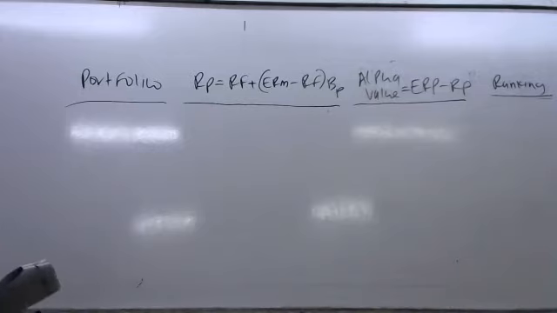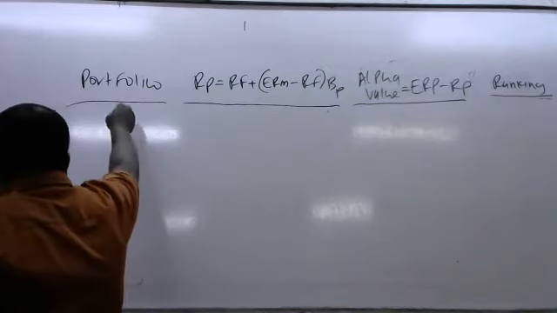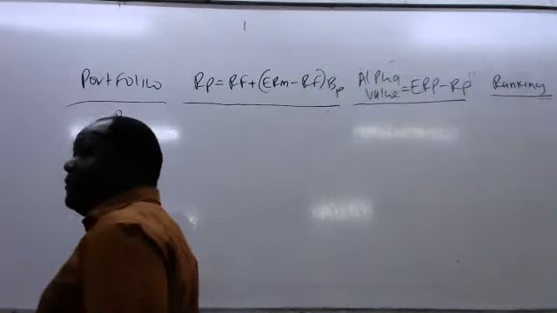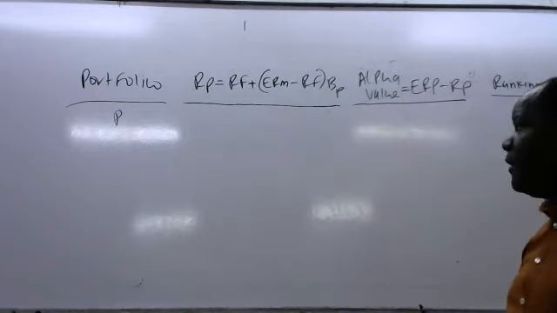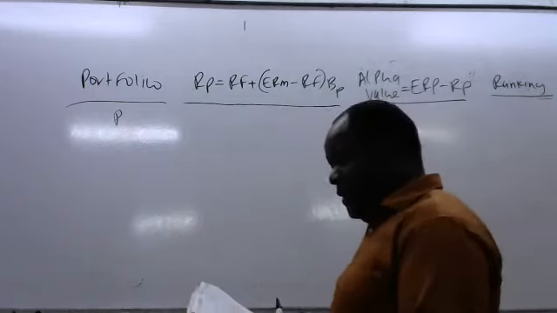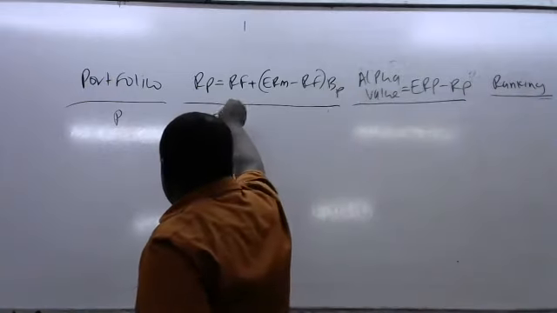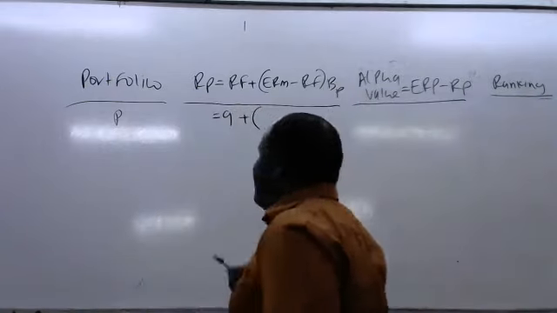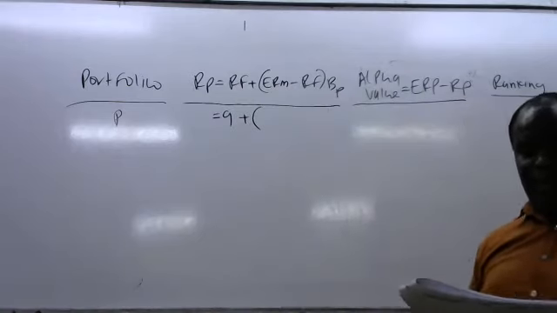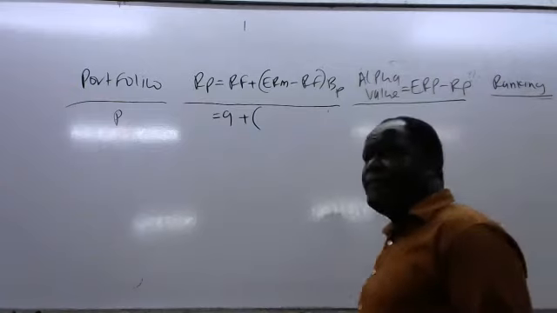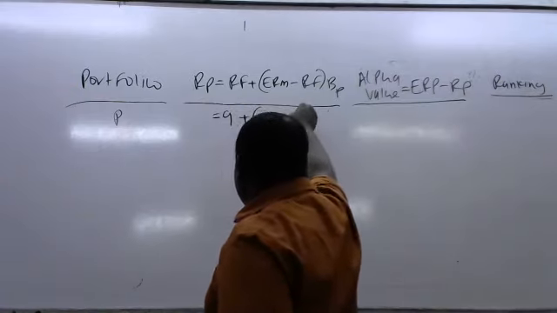So we start off with portfolio P. When it comes to portfolio P, the risk-free rate, we know it was which figure? It is 9. Then we add in brackets the expected return for the market, we know it was which figure? It was 12, minus 9.